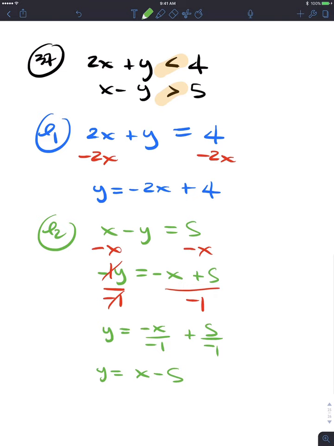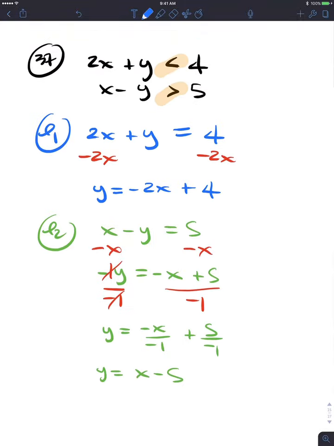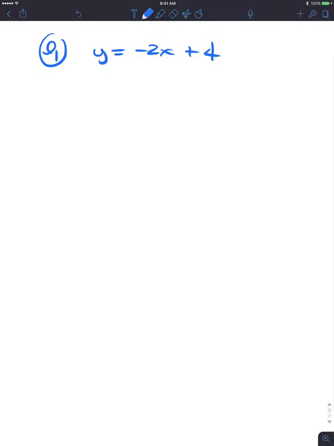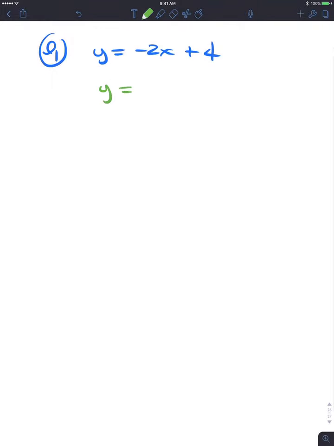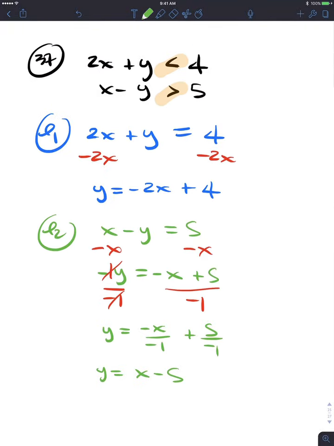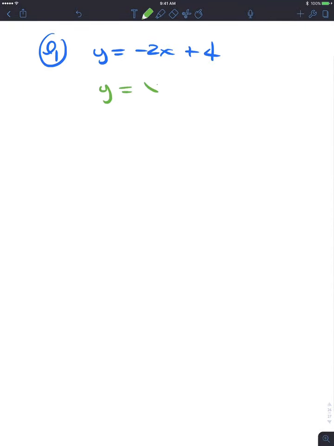So let's look at line 1. Y equals negative 2x plus 4. Let's double check. And in green, y equals x minus 5. It's line 2.